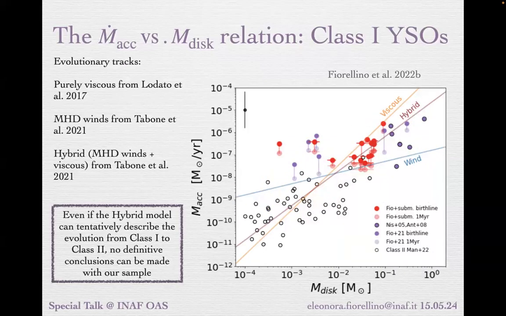And we also finally compared our observations with models. Looking at this plot, you can see that the viscous, not the winds, and the hybrid, meaning between viscous and winds, where both viscous and winds play an important role, are able to explain the trend from class 1 to class 2. And mostly it's because of those objects.